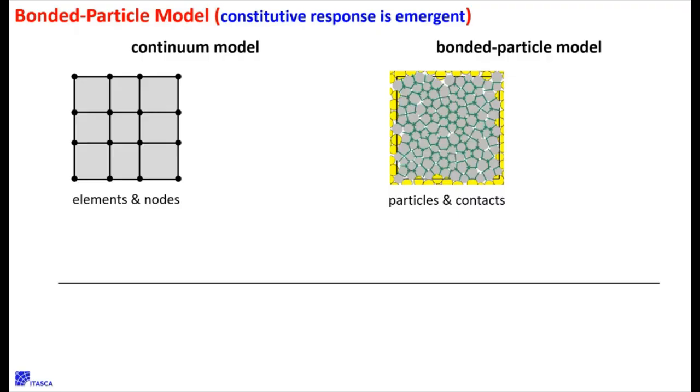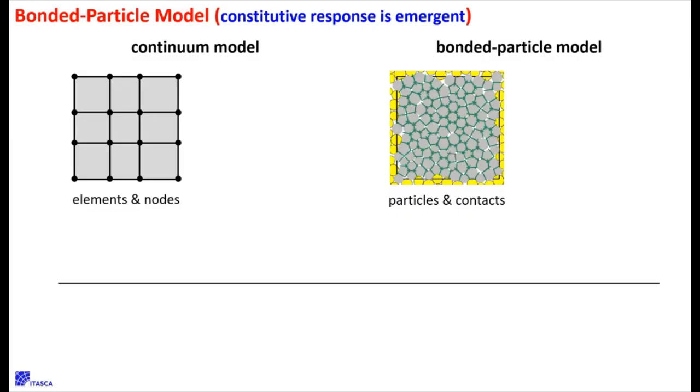I may have shown this before, but maybe a second time might be helpful to hear it again. So again, we're talking about how I can idealize a rock, and there are different ways to think about it. One way is a continuum model, and one way is a bonded particle model, right?